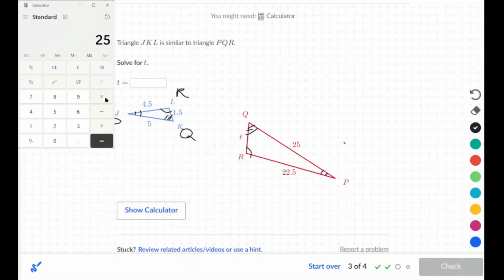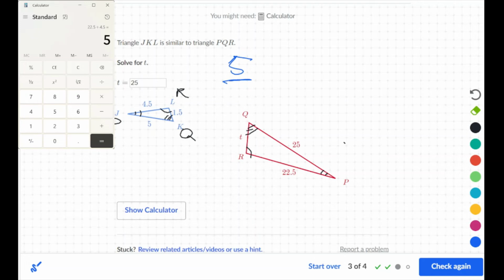So 25 divided by 5 equals 5. So our number right now is 5. But let's check again. 22.5 divided by 4.5 equals 5. So yeah, that is the right number.